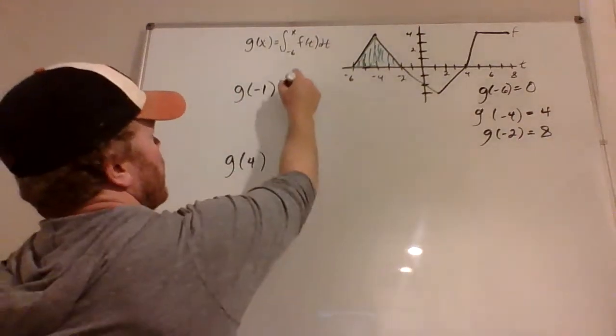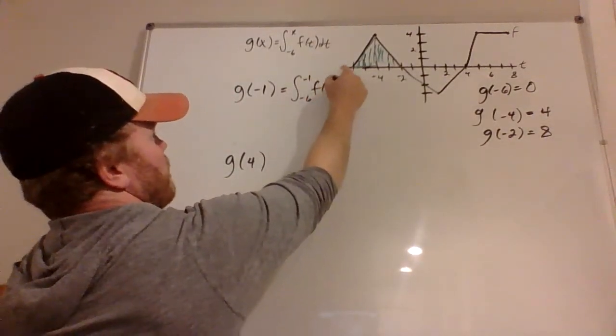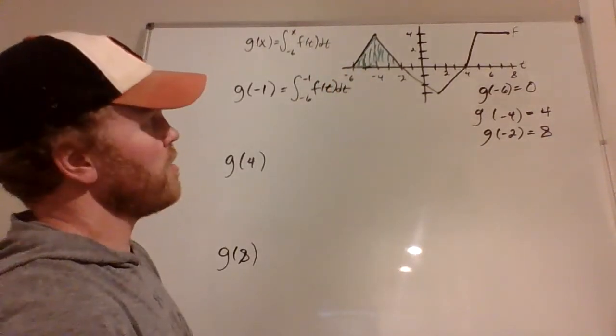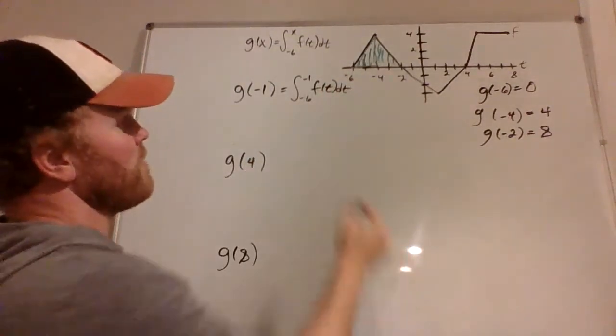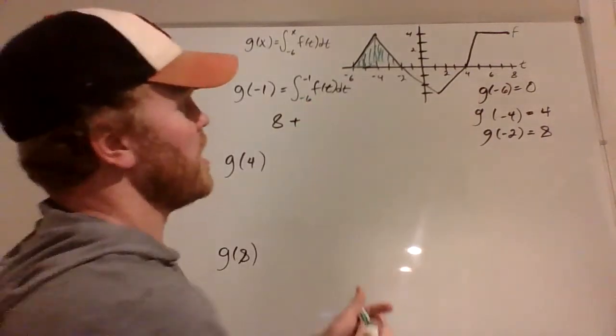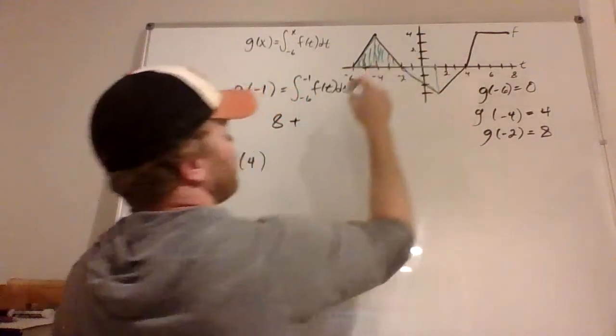So g of -1 is telling you to integrate the function from -6 to -1 of f of t dt. So in that true kind of accumulator function, we already know if we go from -6 to -2 that we've accumulated 8 units worth of area. And we're just going to accumulate this extra upside down triangle.